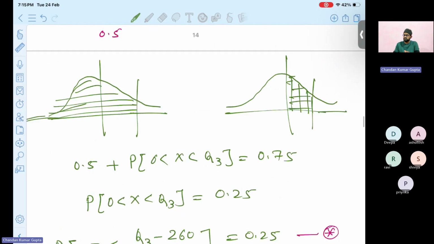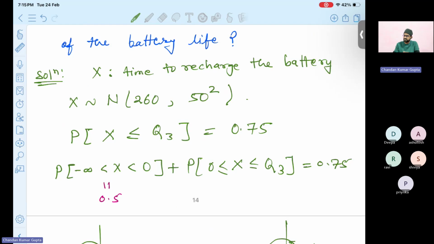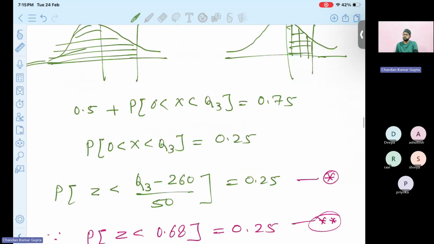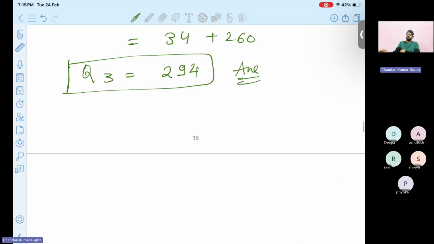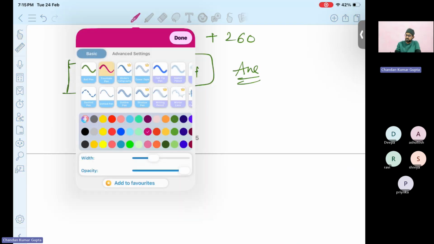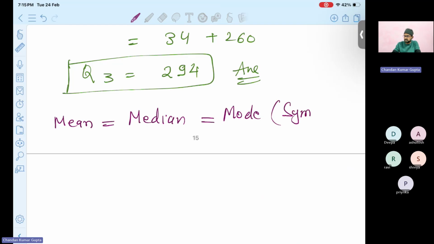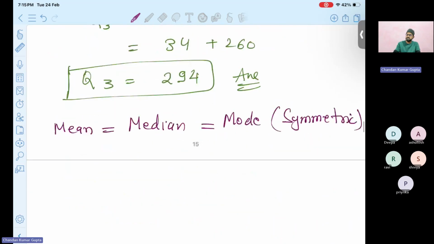Here the probability that x is less than or equal to the median is 50%, so it directly comes out to be 260, because for the normal distribution, mean is equal to median is equal to mode, since the normal distribution is symmetrical in nature. Mean is 260, so median is also 260 and mode is also 260.